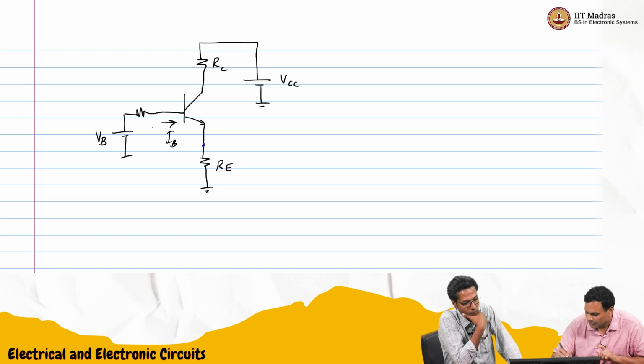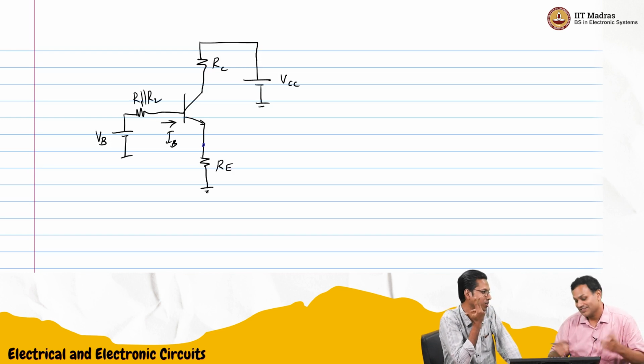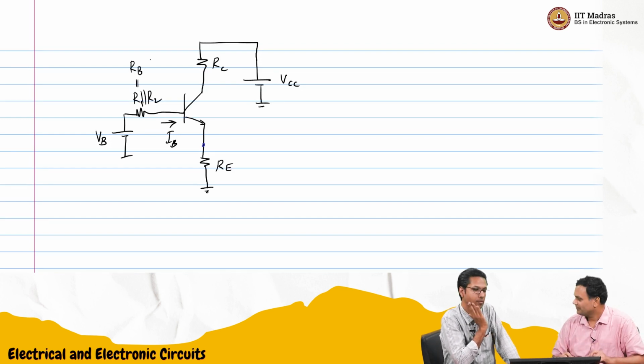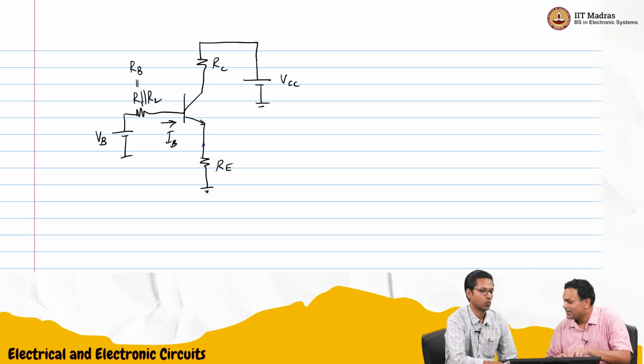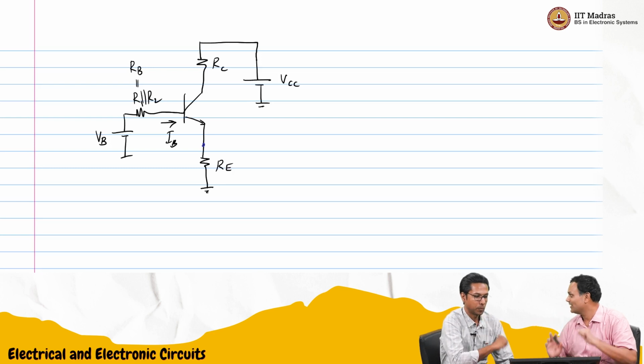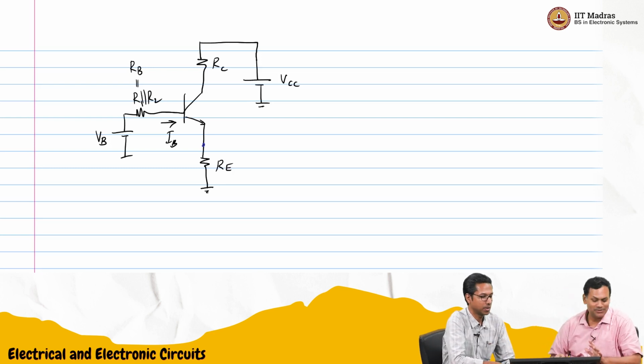So this is R1 parallel R2, which is RB. Shall we just call it RB? So the actual base voltage is VB minus IB RB, and that minus 0.7 is what will appear at the emitter.